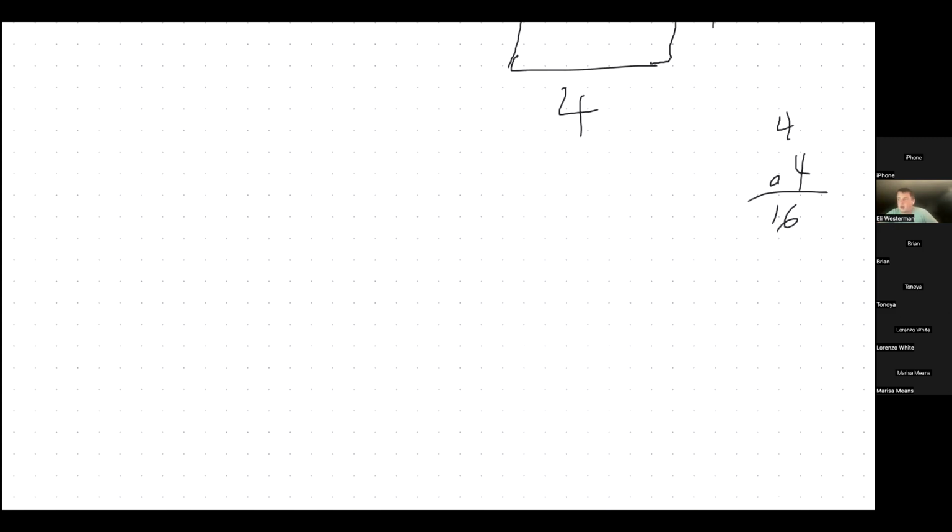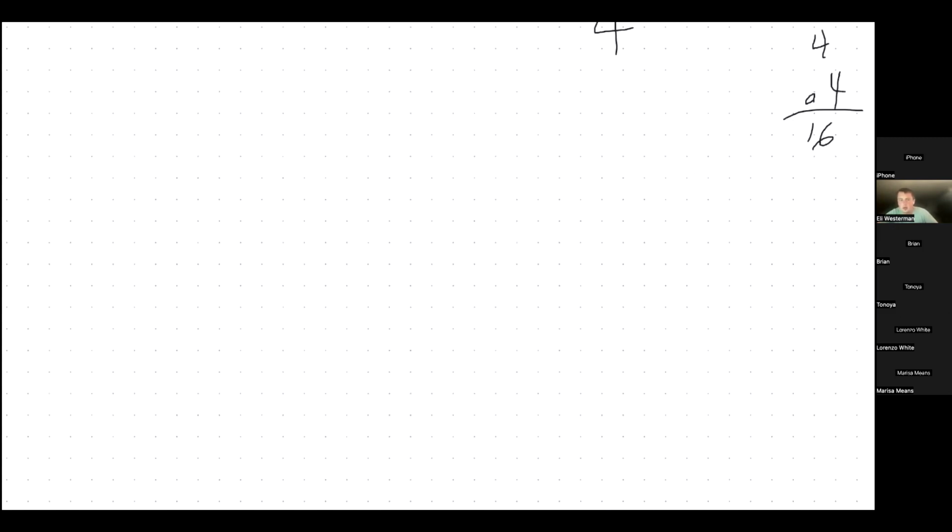Now let's do area of a triangle. For this one, we need to use a different formula.